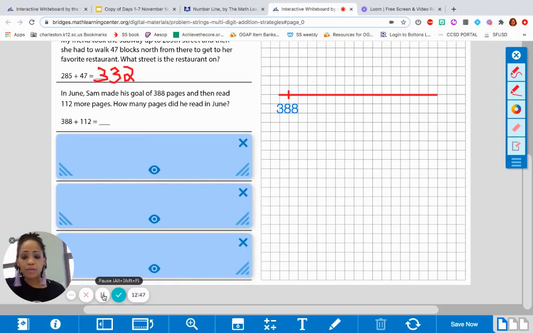All right, how'd you solve 388? What'd you break 112 into? 100 plus 12? Great, that's exactly what I was thinking. So, using these methods is going to help you solve problems quickly in your head.